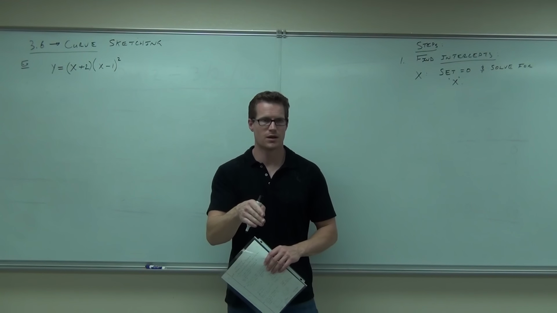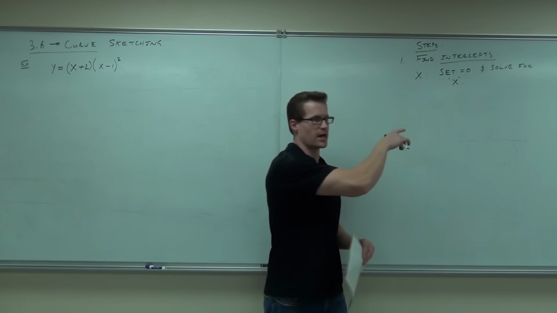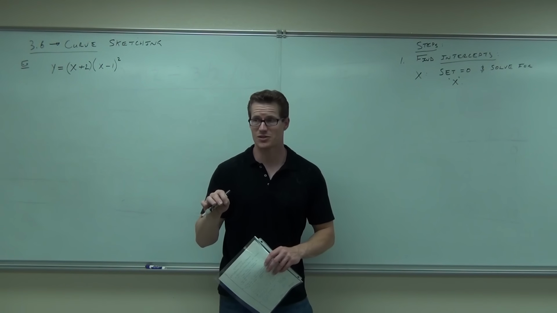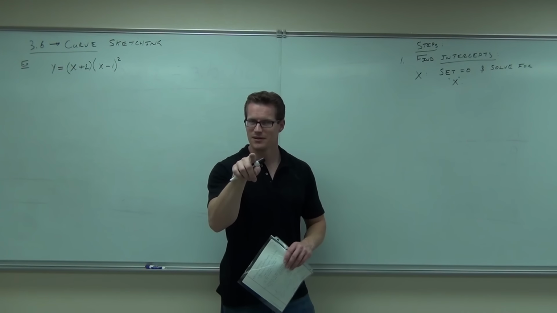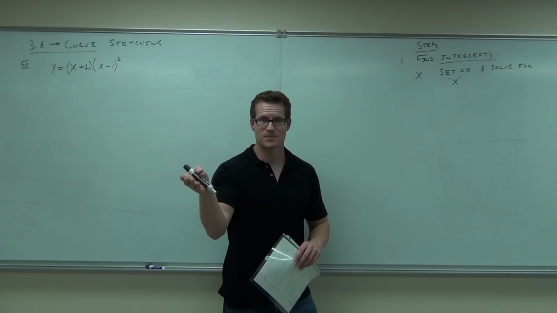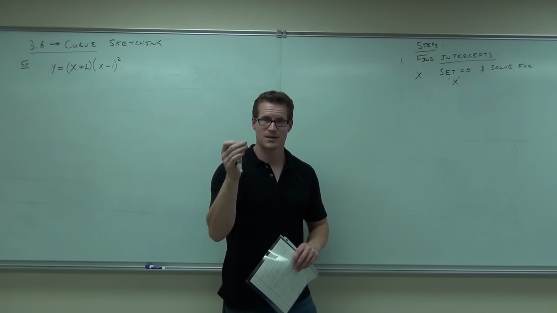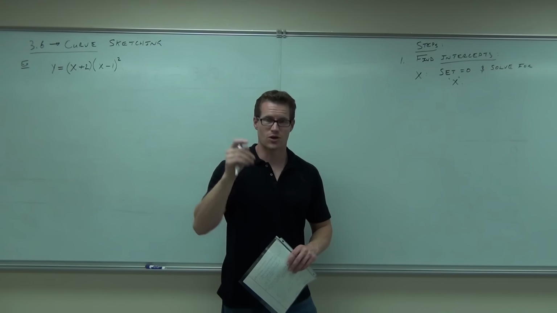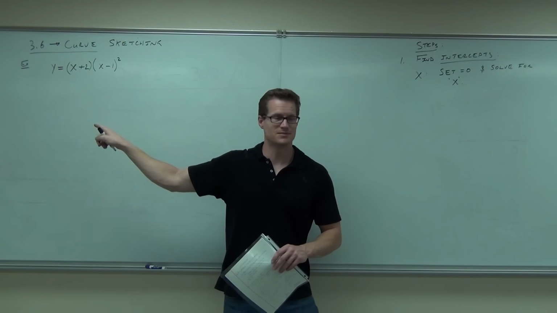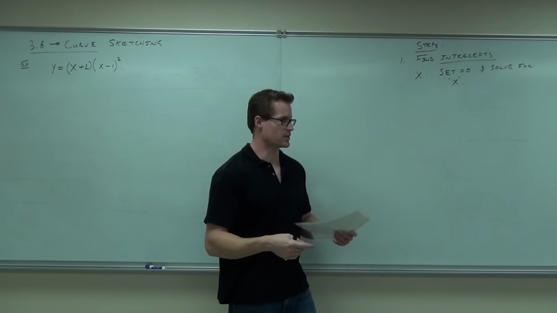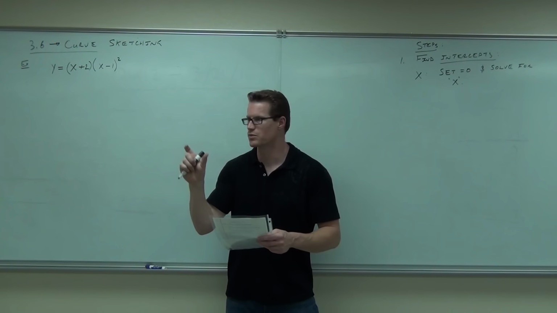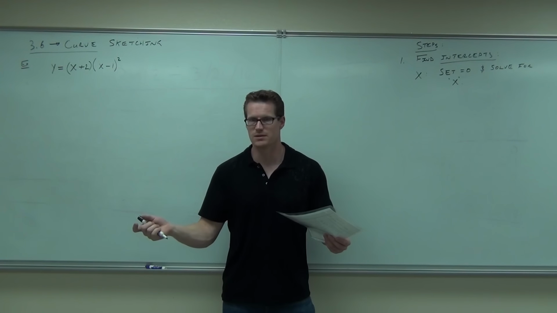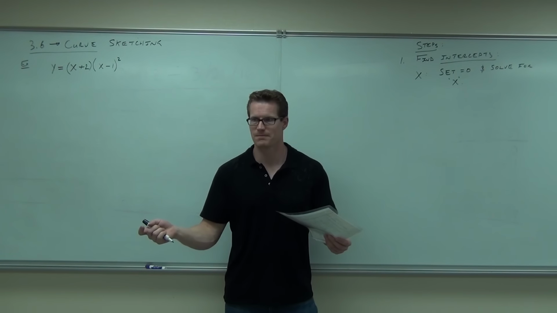So if it's easy, do that. Easy means quadratic, linear, or already factored for you. Everything else, cubic or higher, is hard, unless you can just see a root right off the bat, that would be considered easy.